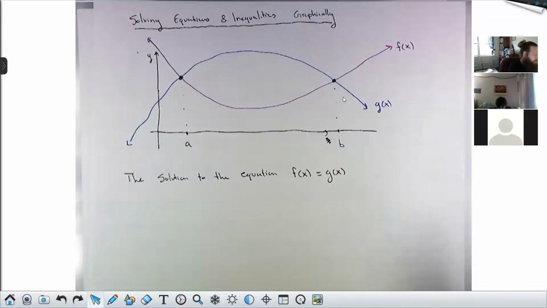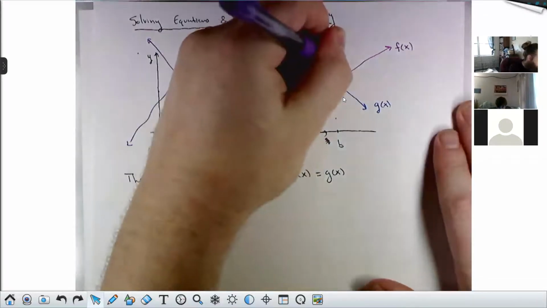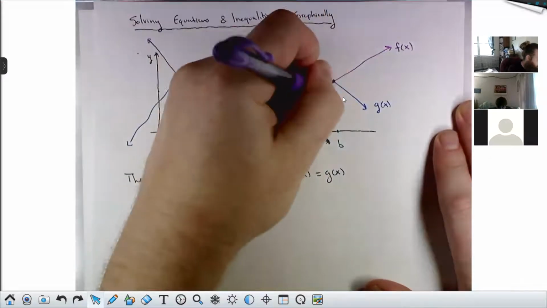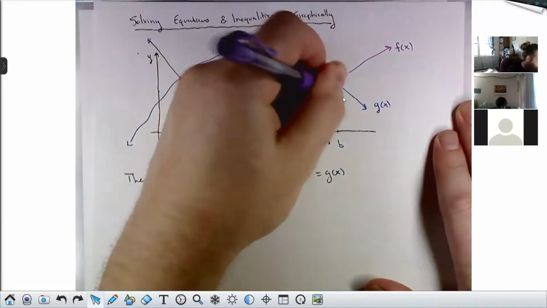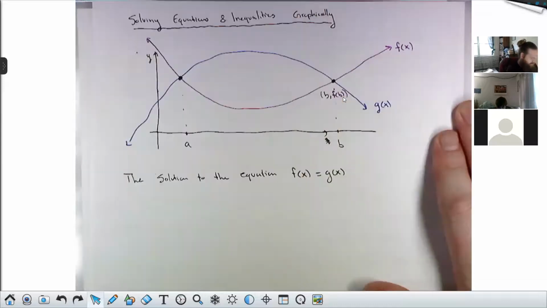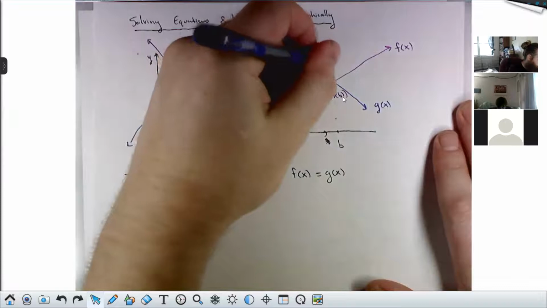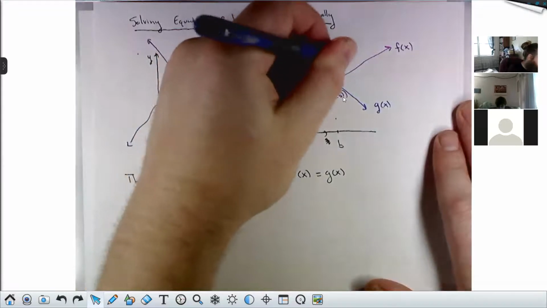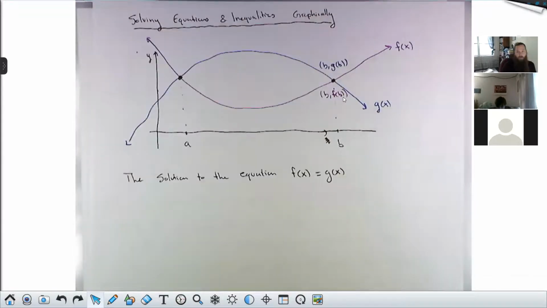So let me annotate a little bit. This point on the one hand can be thought of as b comma f of b. And on the other hand can be thought of as b comma g of b. It's a point that's on both graphs. Well, the fact that those points sit right on top of each other means f of b and g of b are equal to each other.